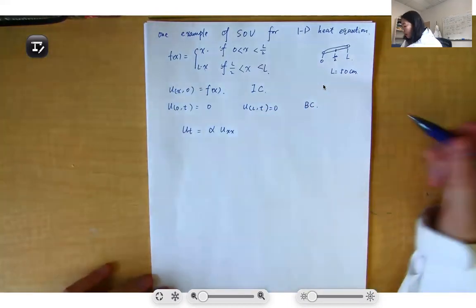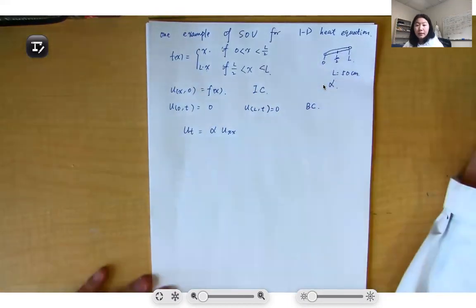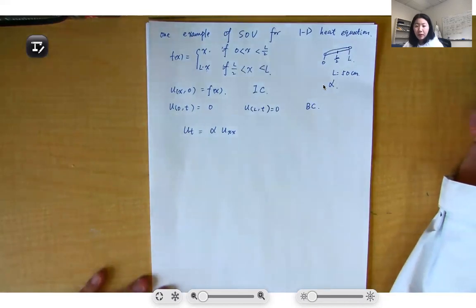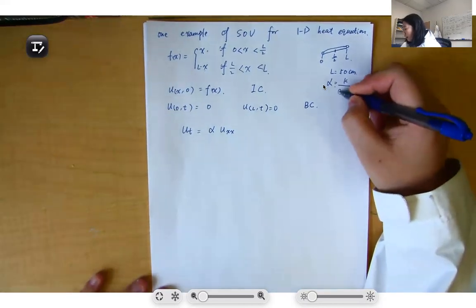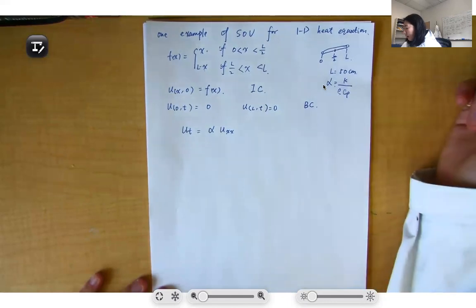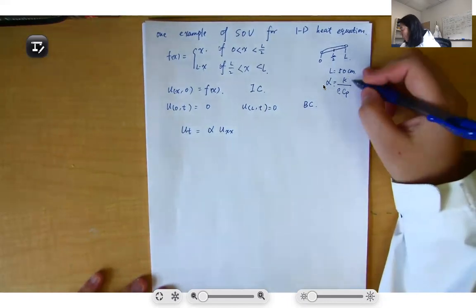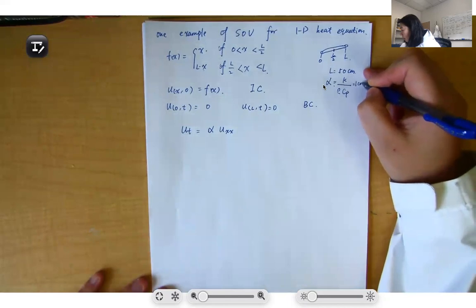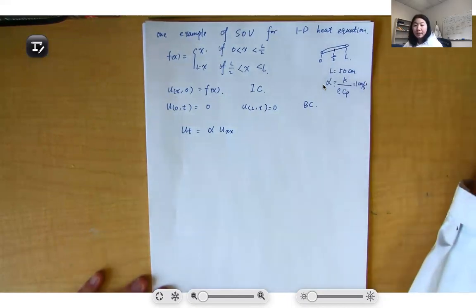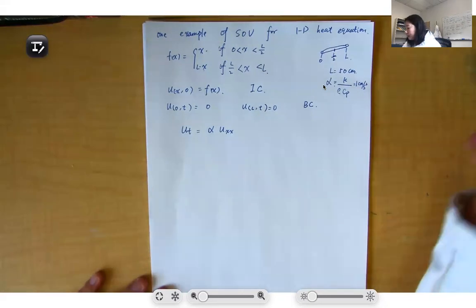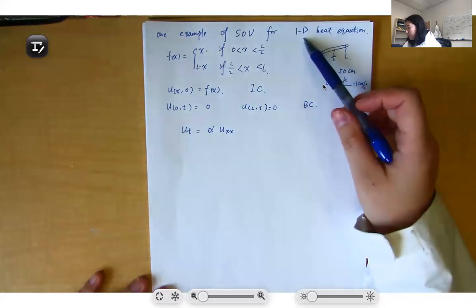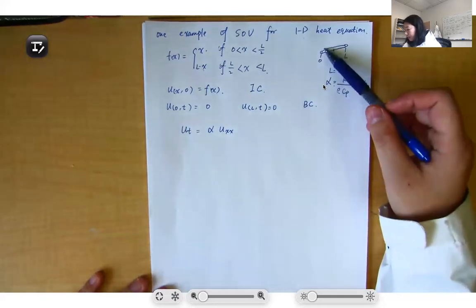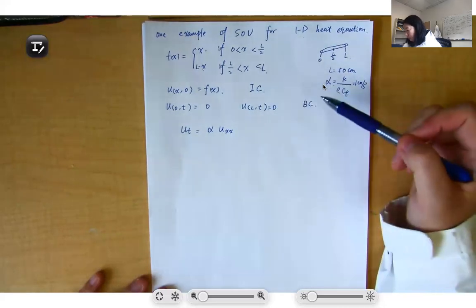And this alpha is the effective thermal conductivity: the thermal conductivity divided by the density times the heat capacity. Here I can give you a number, it's 1 centimeter squared per second. So this is the heat equation for a 1D rod with some initial condition and boundary conditions.